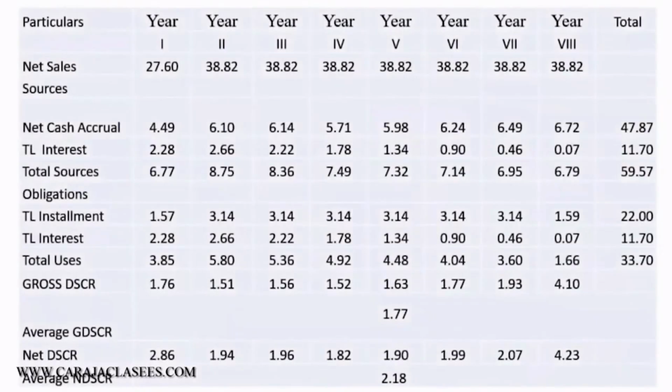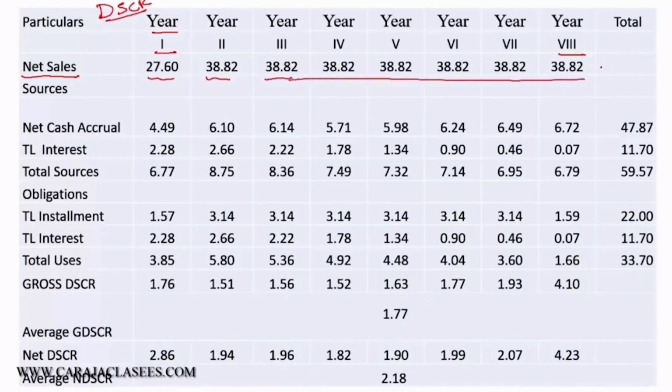Look here, you are given the DSCR computation. It is DSCR computation for how many years? Year 1 to 8. And for information purpose only, not for calculation purpose, net sales are given as 27.6 crore and expected to increase to 38.82 crore, and after that it is frozen.